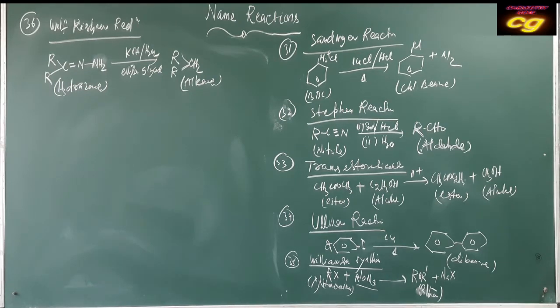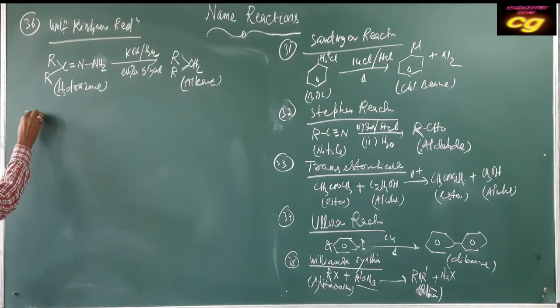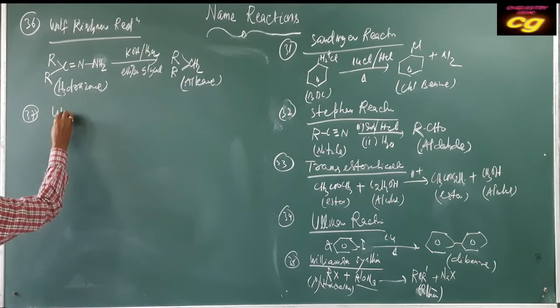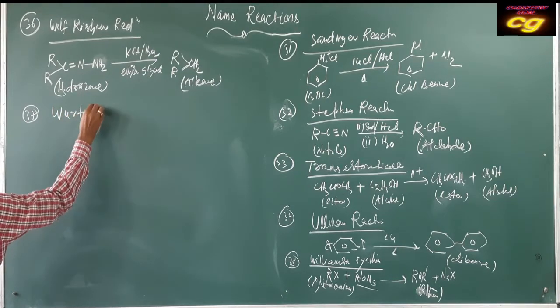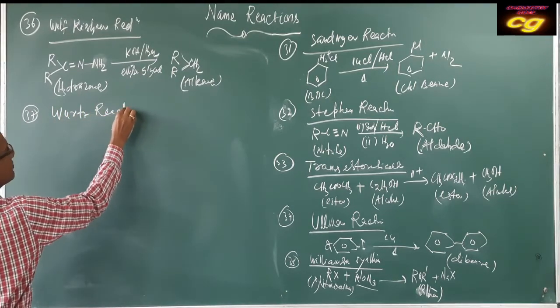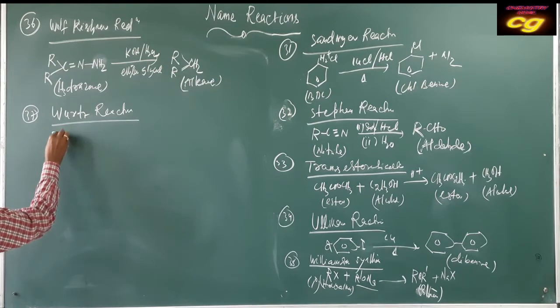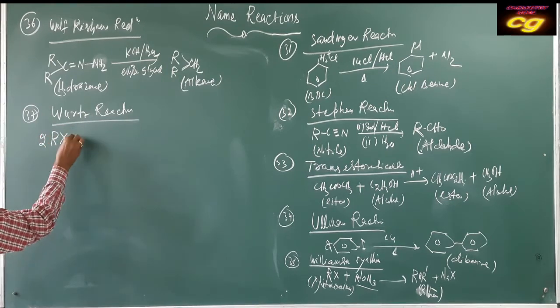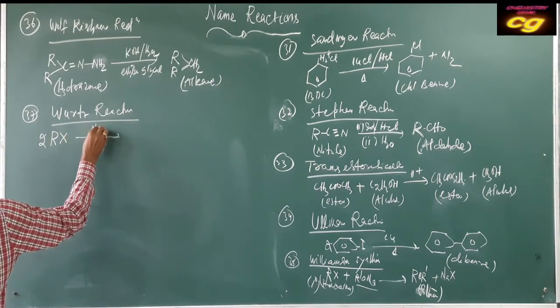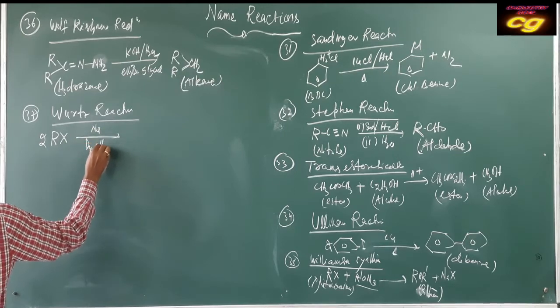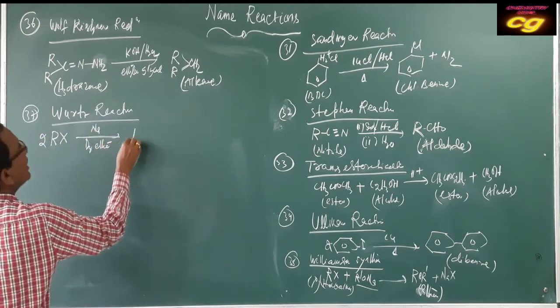The next one is a very important reaction, that is Wurtz reaction. A very important reaction you have read in junior class. That is, if you take two molecules of haloalkane in the presence of sodium and dry ether, you can convert to alkane.